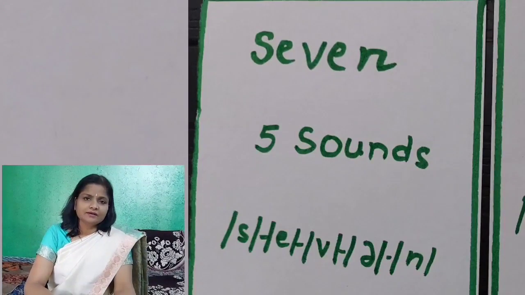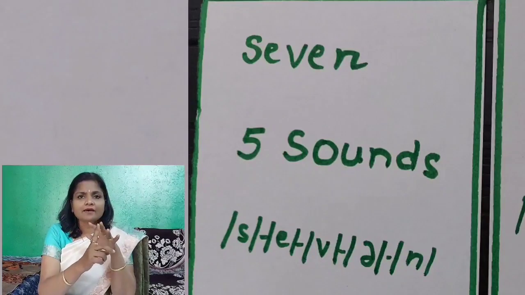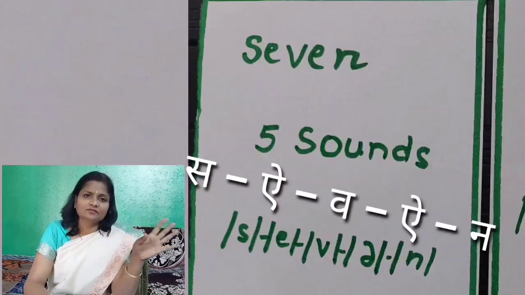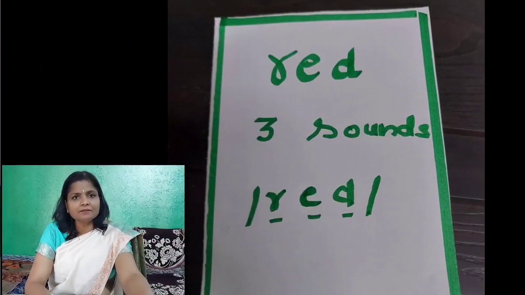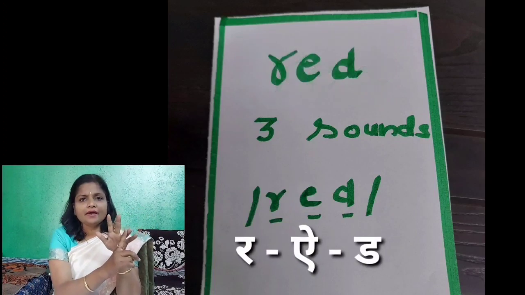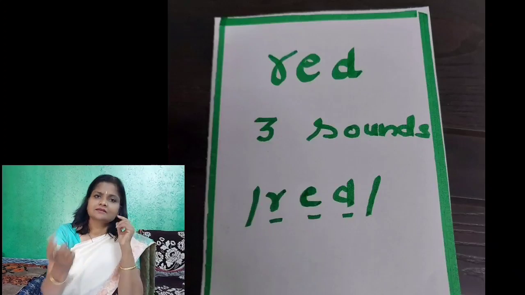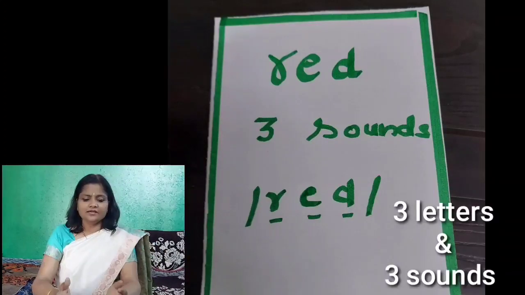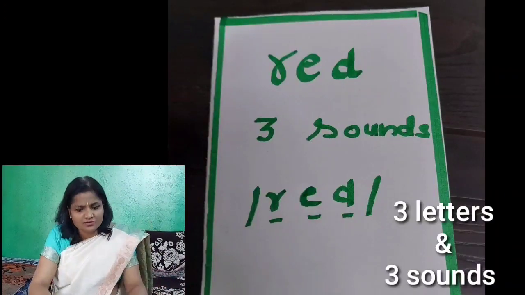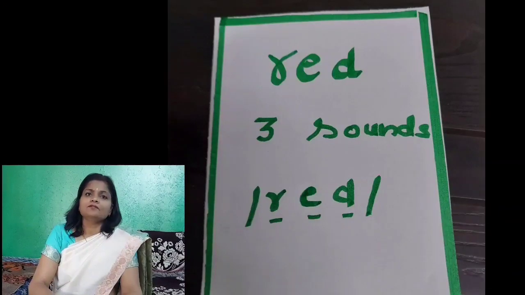How many sounds are there? 5 sounds. S, E, V, E, N. Now the next example, red. R, E, D. 3 letters, 3 sounds. The word red is having 3 letters and 3 sounds. So the number of letters is equal to the number of sounds.